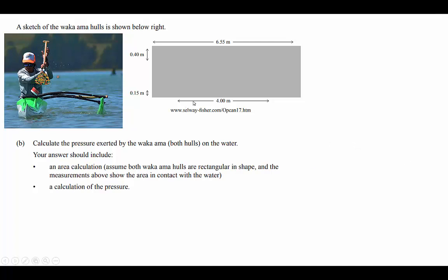So we need to work out the area first, and then we're going to use the area with the weight that we previously calculated to find the pressure of the Walker armour on the water.